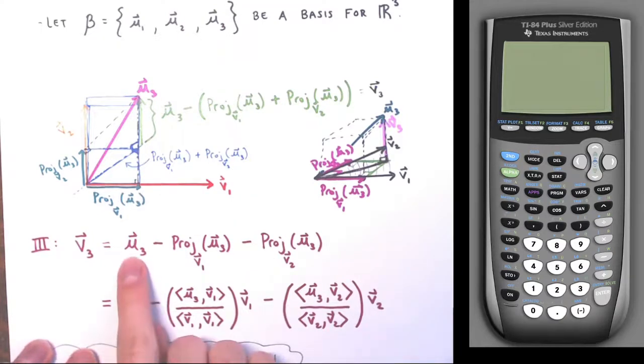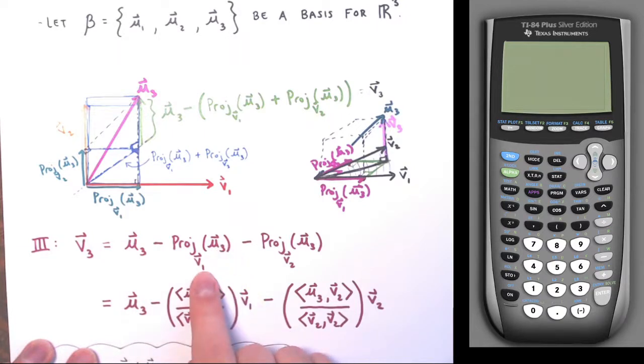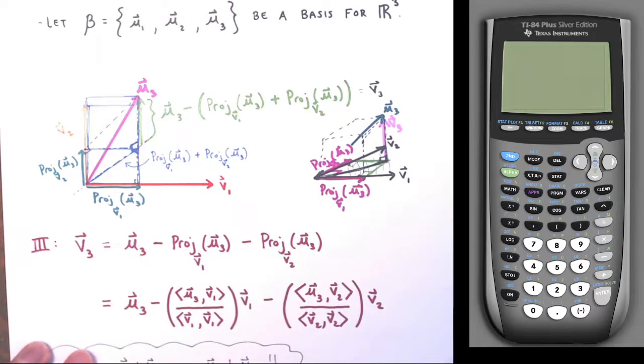Right, I take u3 and subtract the projection of u3 onto v1, and I subtract the projection of u3 onto v2. And if there were four vectors and I was finding v4, if there was a fourth vector, it would be the fourth base.